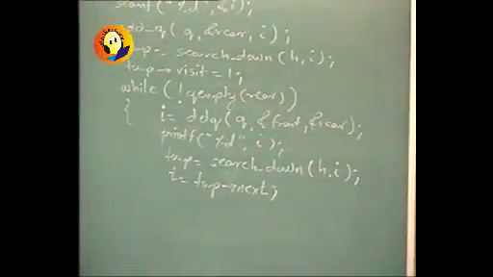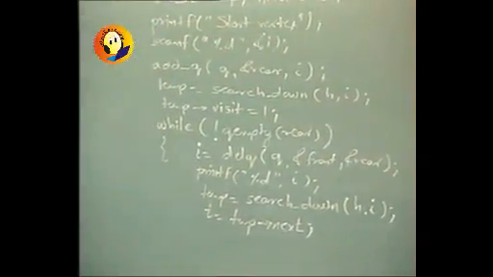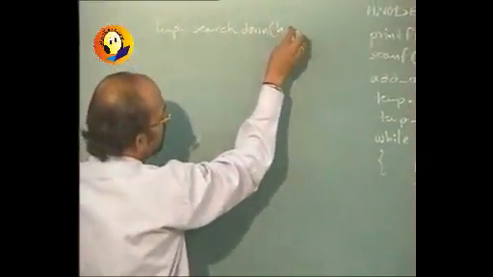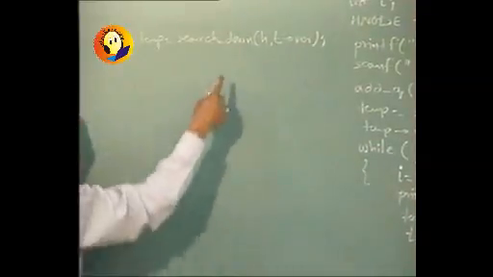Because now I am at the next node of it. I will have to check whether it is visited. If it is not visited, then add it. So I will just say temp equal to search down H T comma VR. The vertex of that next list should be searched in the down list.